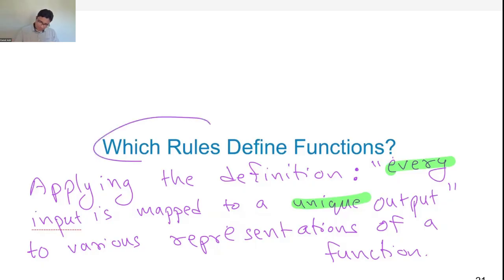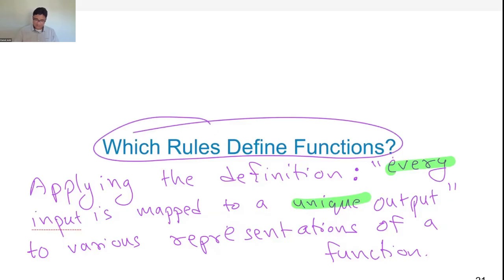So when we ask which rules define functions, we are basically trying to apply this definition to whatever representation of function you have. If you have a graph, you apply this rule to the graph. If you have a numerical representation, you apply this rule to that numerical representation. Okay, how do we do it?